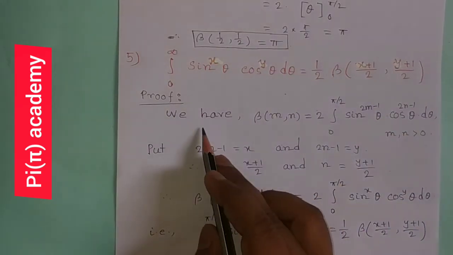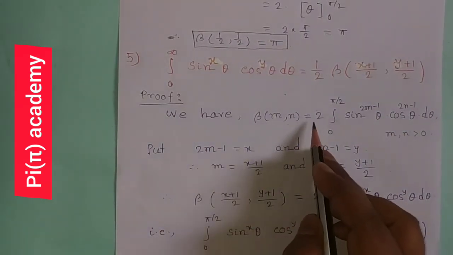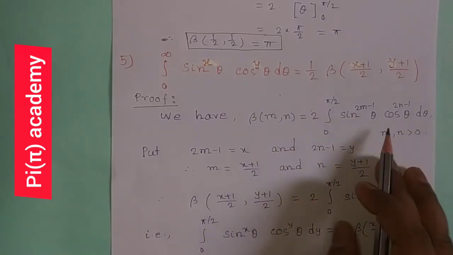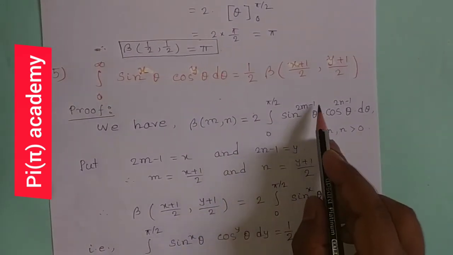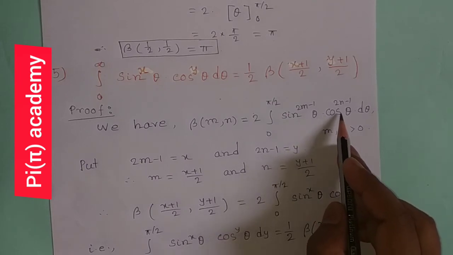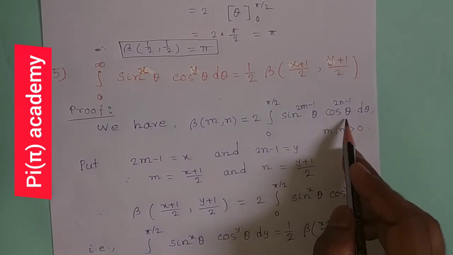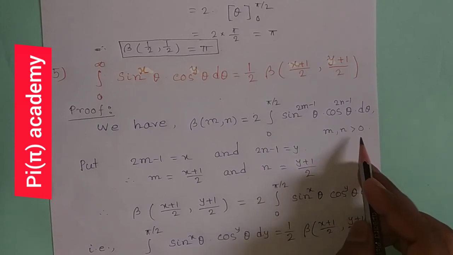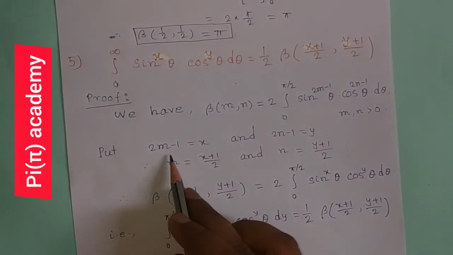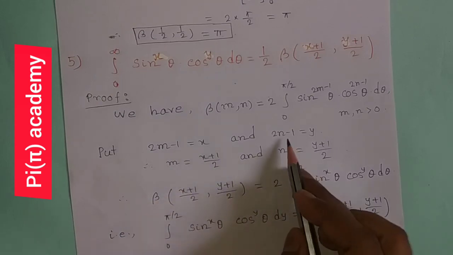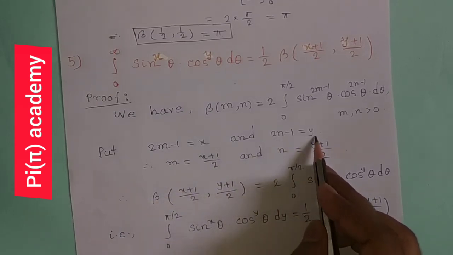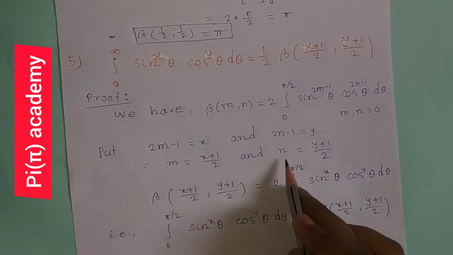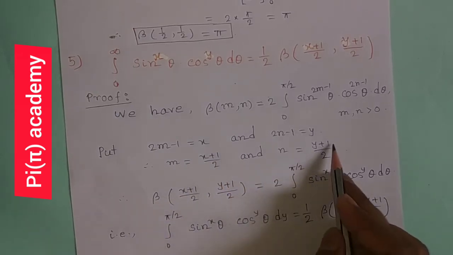We have beta mn equal to 2 into integral 0 to pi by 2 sin to the power 2m minus 1 theta into cos to the power 2n minus 1 theta d theta, where m comma n greater than 0. Put 2m minus 1 equal to x and 2n minus 1 equal to y. Therefore m equal to x plus 1 by 2 and n equal to y plus 1 by 2.